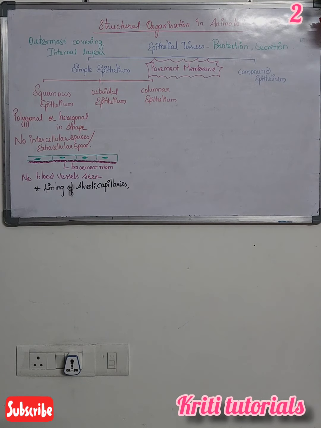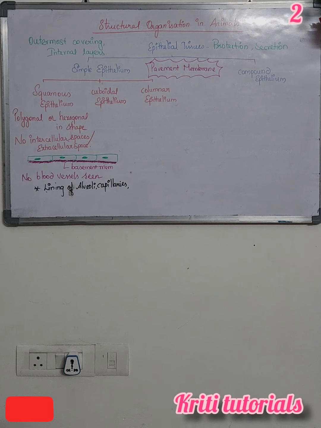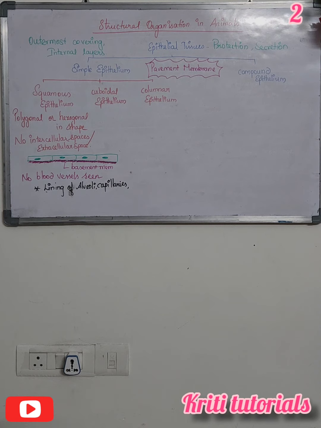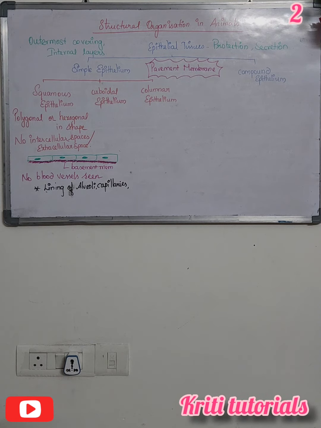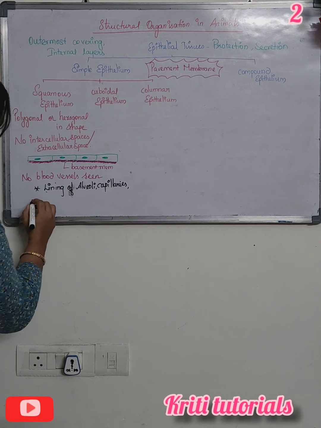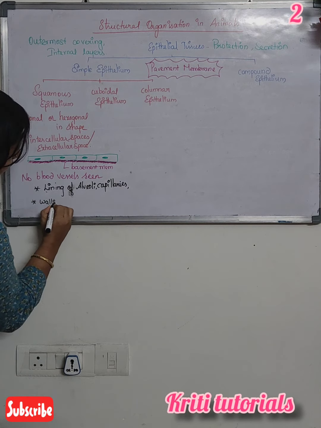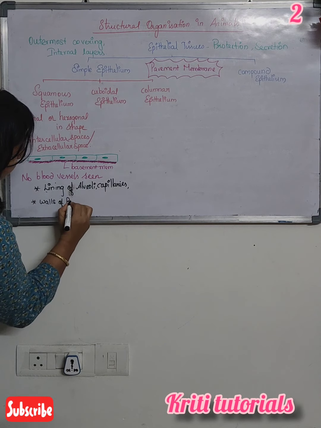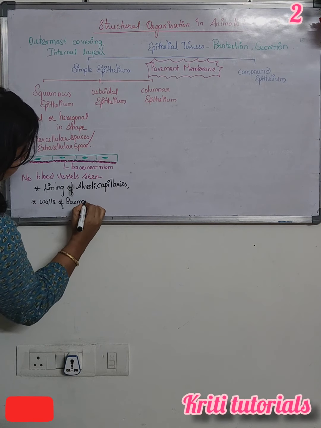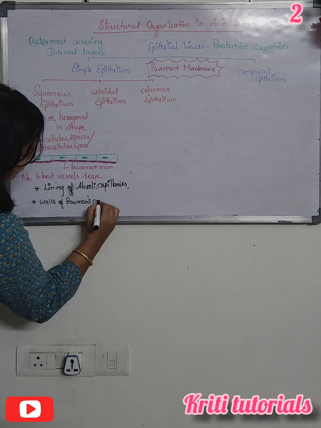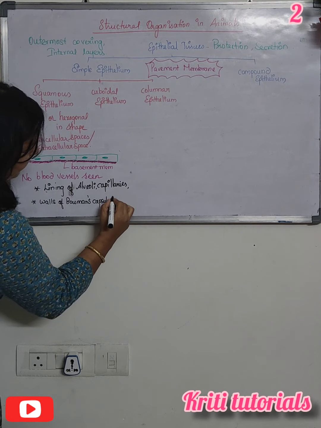What are capillaries? They are tertiary blood vessels. Then they are present in the walls of Bowman's capsule and Henle's loop.